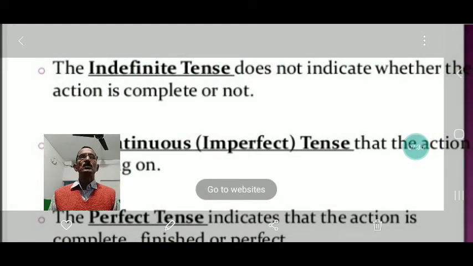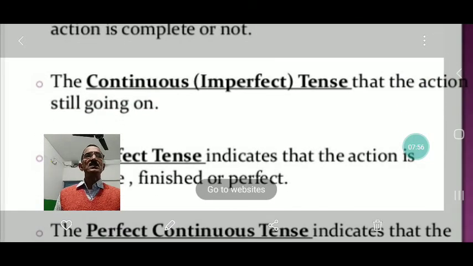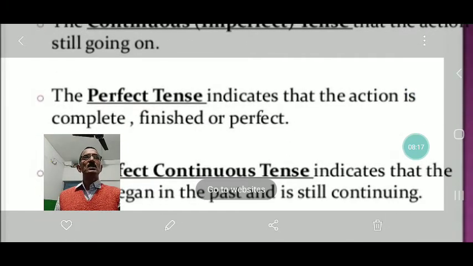Now I would like to tell you that the indefinite tense does not indicate whether the action is complete or not. In this sense, we understand the present indefinite, past indefinite or future indefinite. If it is continuous tense, in that very case, we just understand that the action is in progress. If it is present, the action is in progress; if it is past, the action was in progress; and if it is future continuous, then we refer to the action that will continue to go on.